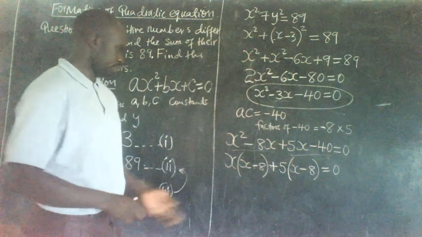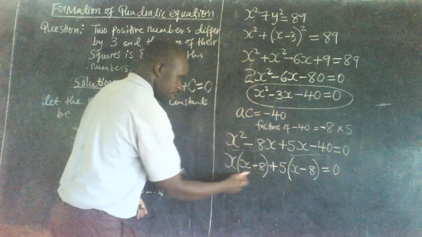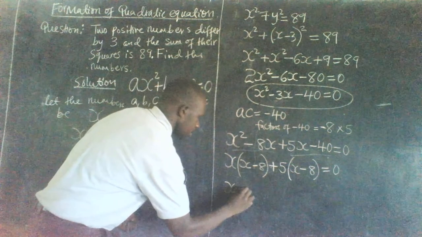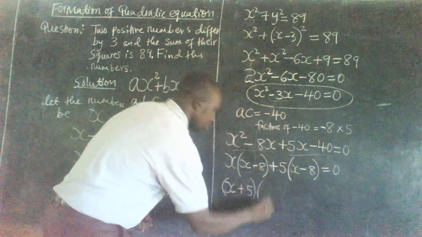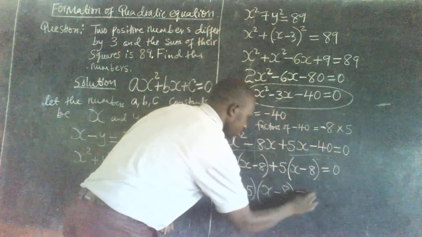Now, in this case, whatever is in the bracket is common. So we are going to rewrite it as x plus 5 in brackets multiplied by x minus 8 is equal to 0.